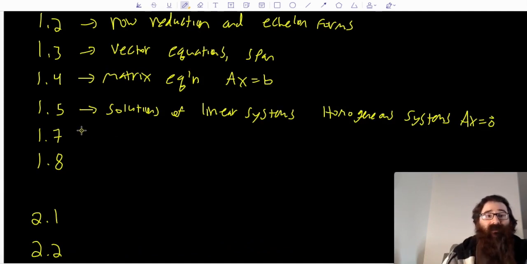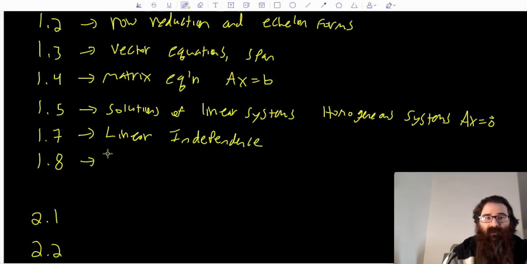In 1.7, we had linear independence. And we can't really have a conversation about linear independence without also talking about linear dependence. And in 1.8, we talked about linear transformations.